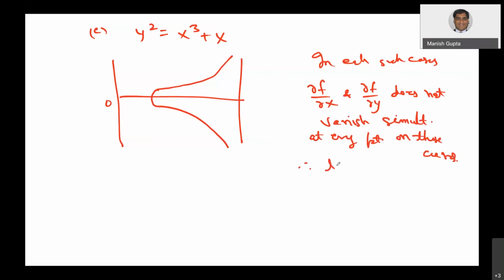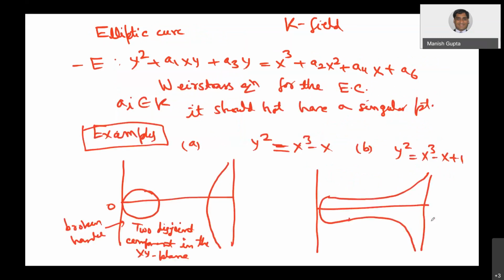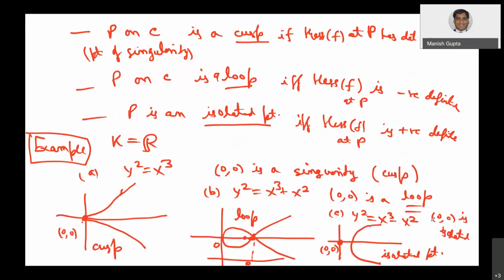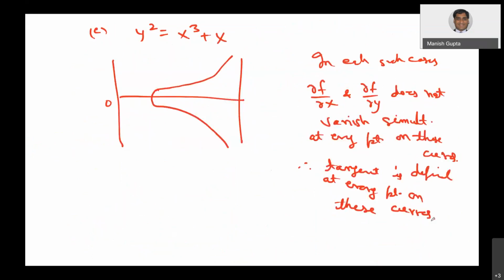Therefore, tangent is defined at every point on these curves. So tangent is defined here, here, here. In case of singularity, the tangent cannot be defined at the point of singularity, but here it is defined at every point.